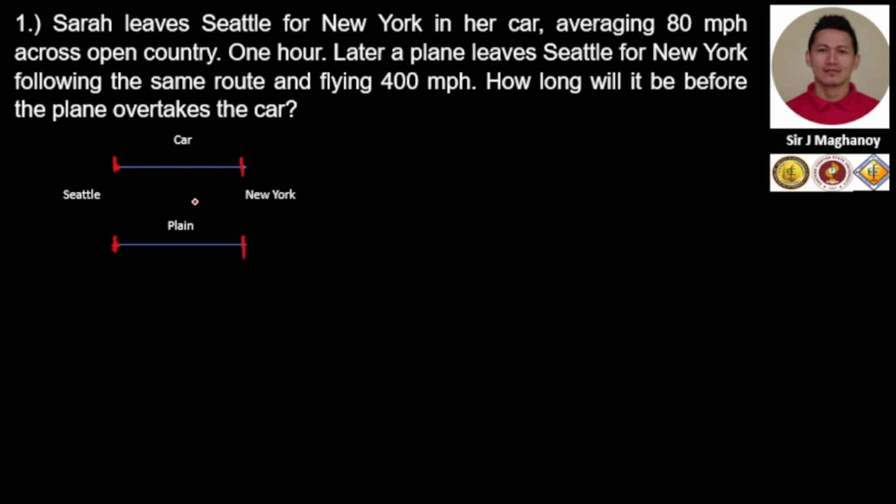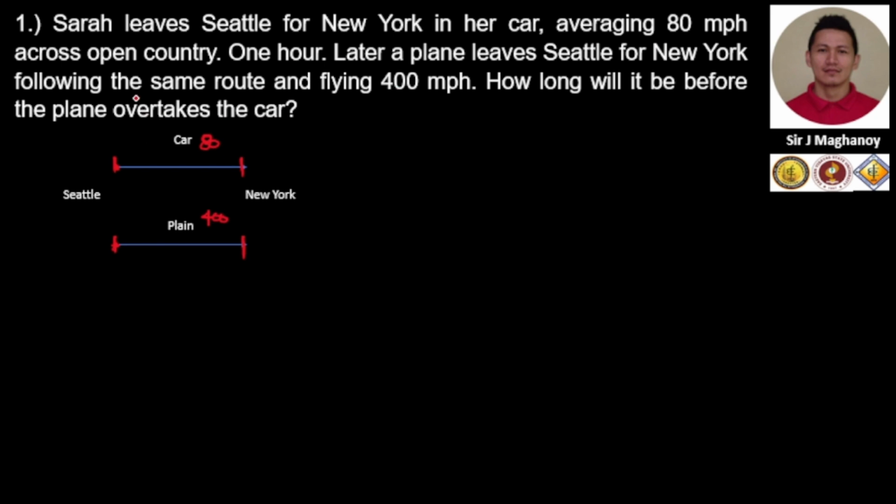Okay, so what is your observation here? The car and the plane, though they travel the same path, the car travels by the road and the plane by the air. The rate of the car is 80 miles per hour compared to the plane, which is flying at 400 miles per hour. Of course, the plane moves faster than the car.